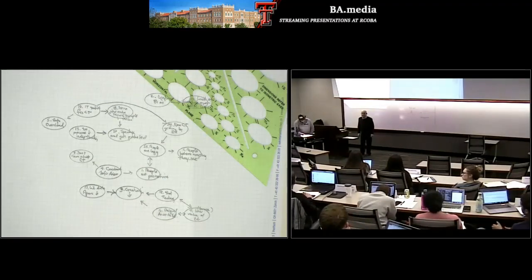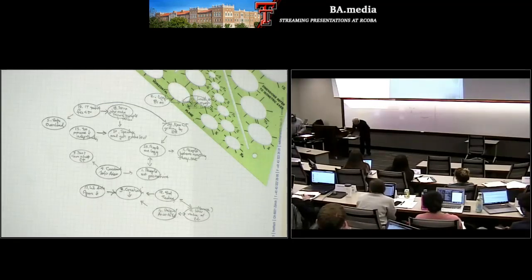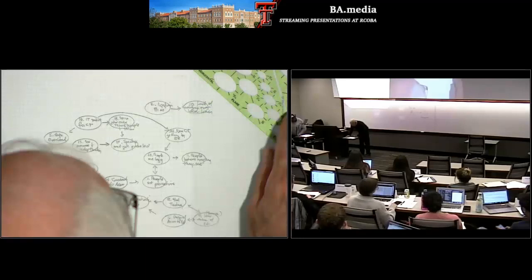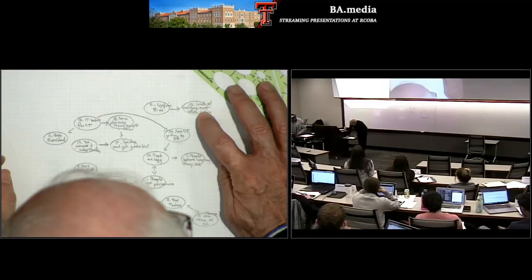I think 10 relates rather well with 7. The fact that lack of dialogue sort of leads to anti-intellectualism.